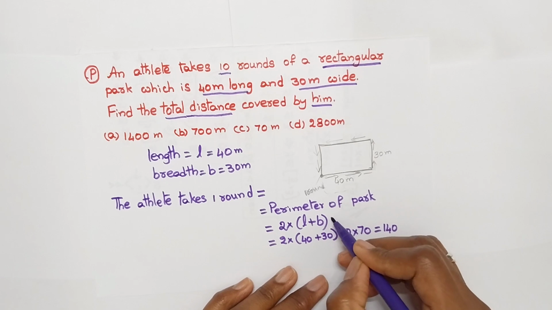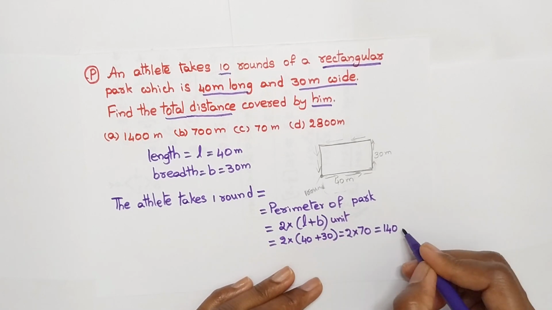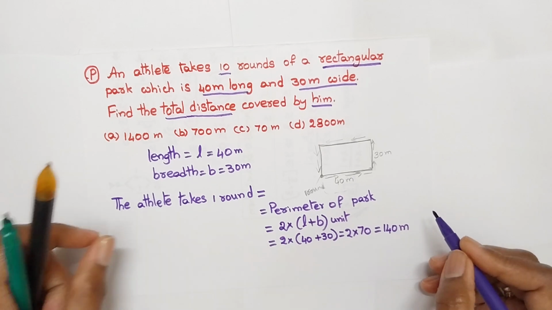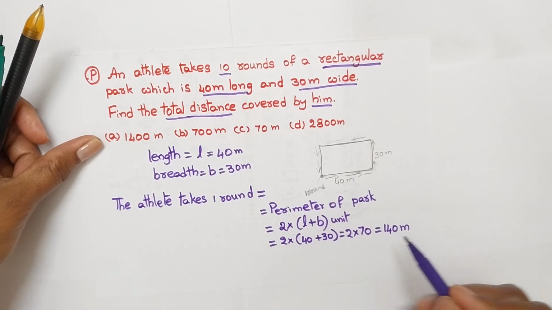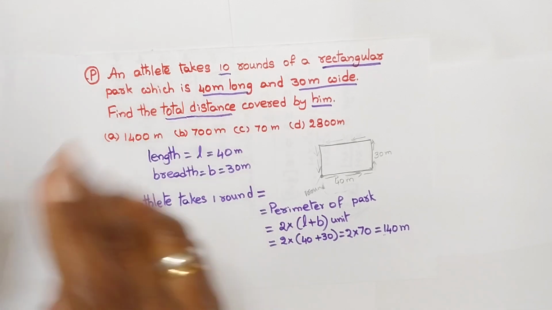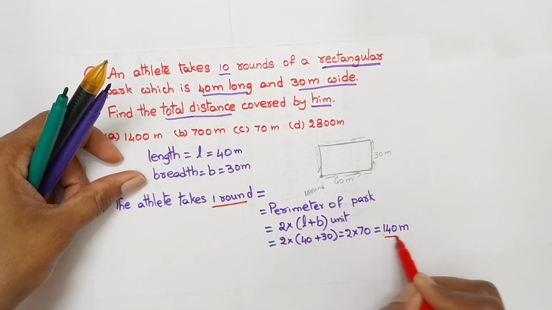What is the unit for this problem? Meters. 140 meters. So the athlete takes one round means 140 meters. One round is 140 meters.